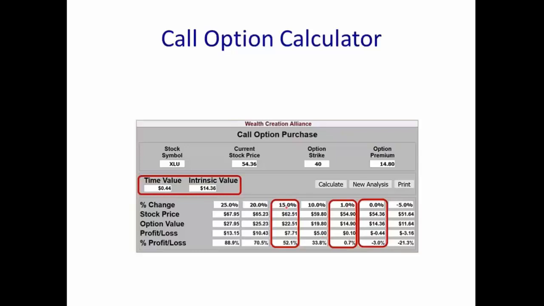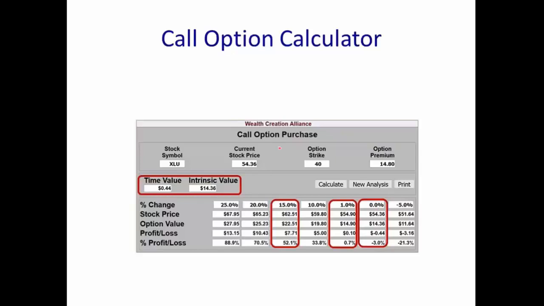If we have a 15% increase in the XLU, we'll have a 52% profit potential at option expiration. If XLU is flat at option expiration, we'll have a 3% loss. And we'd rather take a 3% loss than a 100% loss for an at-the-money or out-of-the-money strike price, which would incur a 100% loss if the stock is flat at option expiration.